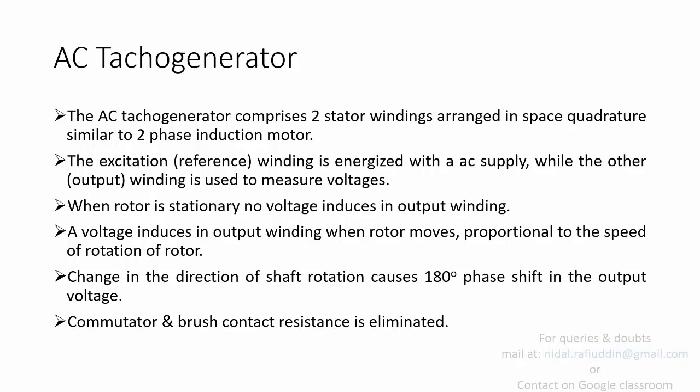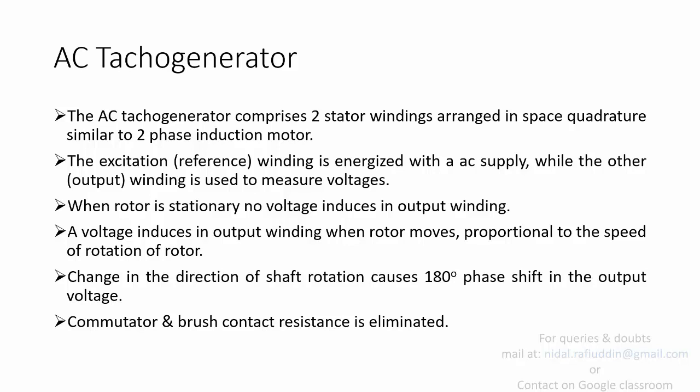In that case, what you're going to get at the output winding is induced voltages. So when rotor is stationary, no voltage is induced in the output winding, and as soon as you connect the rotor to a rotating shaft, the voltage is induced, and this voltage will be proportional to the speed of rotation of the rotor.